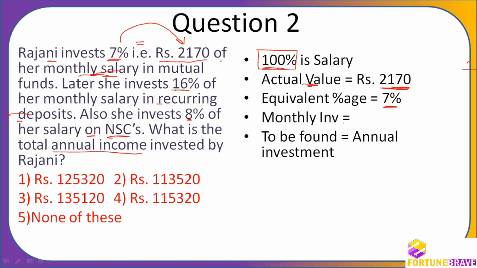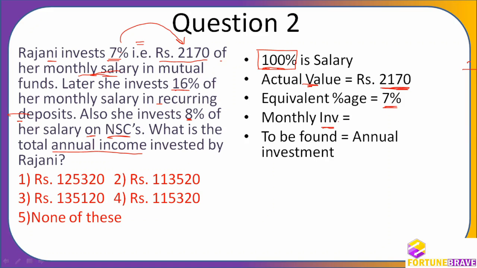So now we have to understand what the monthly investment is. INV means investment. How much is the total investment in mutual funds and recurring deposits and NSCs together? They have not asked anything else. We have to only add these percentages and we'll be able to find out.